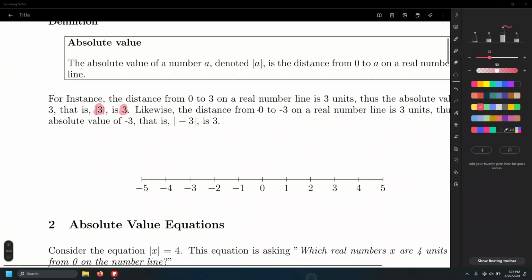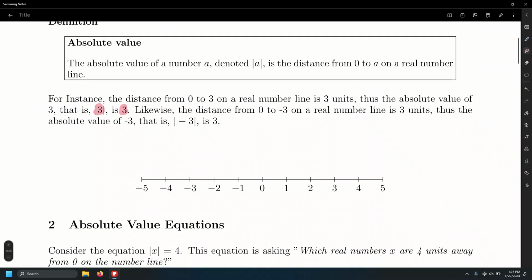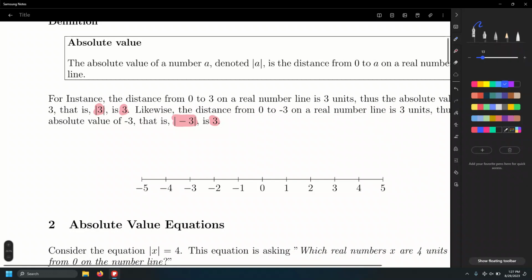Likewise, the distance from 0 to negative 3 on a real number line, denoted absolute value of negative 3, also equals positive 3, because it's the number of steps that we take. From 0, I'm going to go to 3. That takes 3 units. And even if we go in the opposite direction, that's also 3 units.